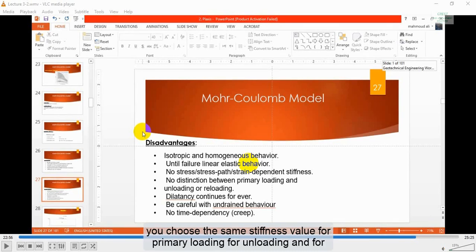It uses the same stiffness value for primary loading, unloading, and reloading, which is not true. The dilation continues with the same value until the end of your simulation. It has some problems in dealing with undrained soil response, and finally, it doesn't account for creep.